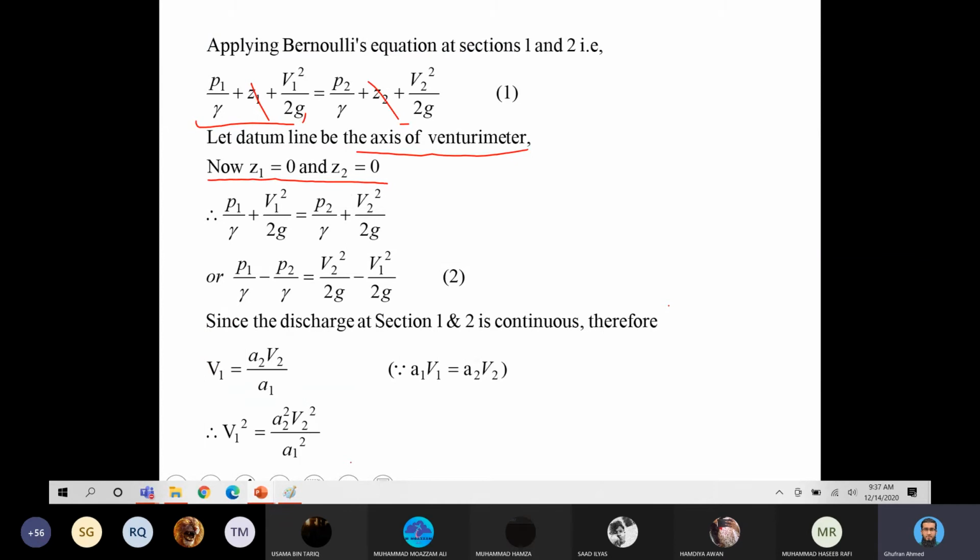P1 over gamma plus V1 square over 2g is equal to P2 over gamma plus V2 square over 2g. इसको इधर ले जाएं, ये इस तरह बन गई equation. Now according to the continuity equation, Q is equal to A1 V1 is equal to A2 V2. So can we write V1 like this?